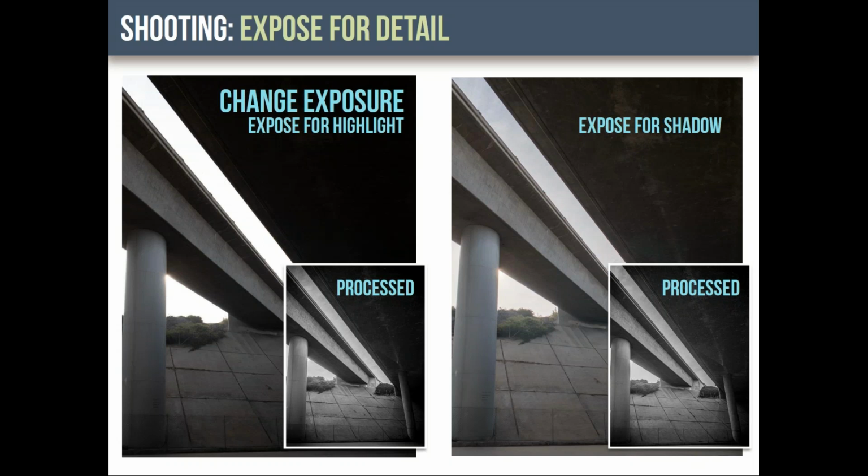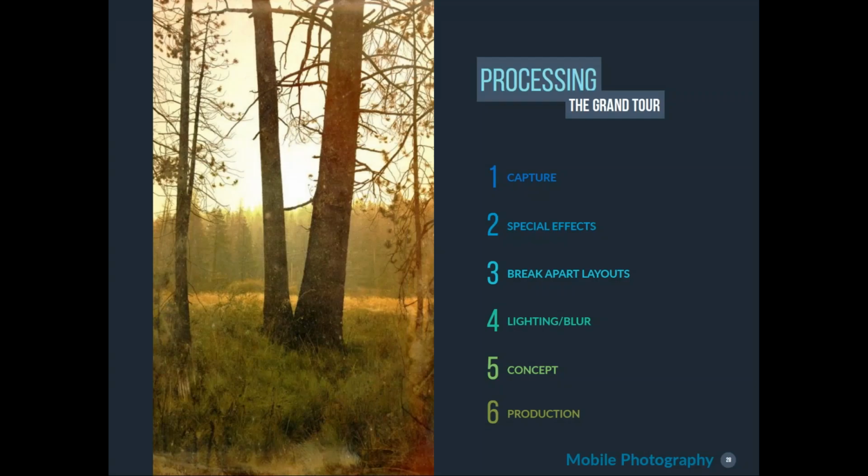Because some of the effects you're going to want to use in Lightroom or other apps will need you to maybe overexpose or underexpose, but you won't know it till later. And if you're not processing on location, you won't know that. So I shoot up and I shoot down, and then I shoot for the shadows and I shoot for the highlights. I think it's kind of an old school film bracketing thing.